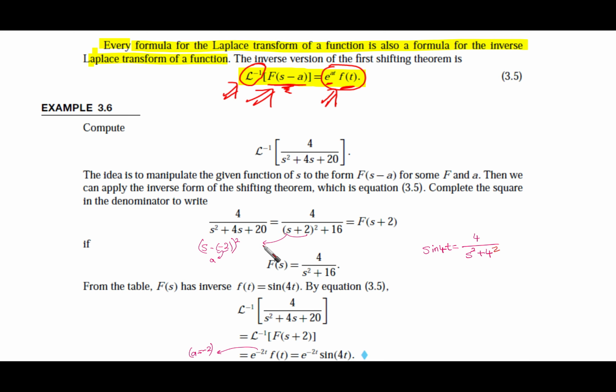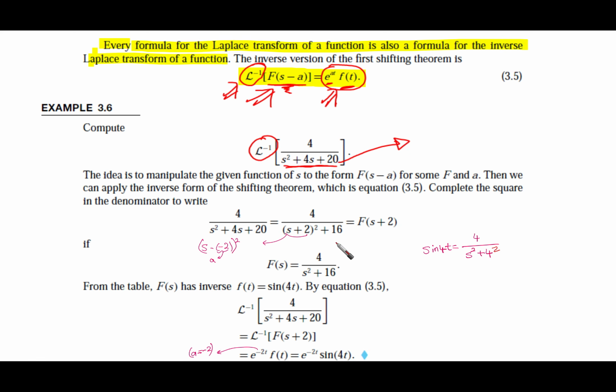And we have seen through this example, we want to get the inverse Laplace transform of this function. We found that this function seems to be a little bit difficult. So we changed the denominator to be something similar to s minus a. That's the point. So we manipulated this denominator and put it as s plus 2 to the power 2 plus 16.